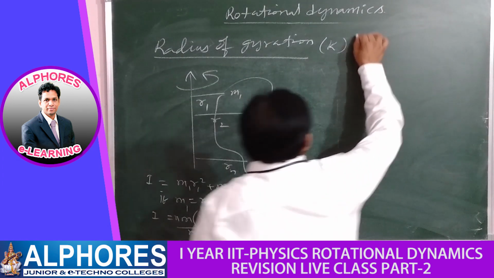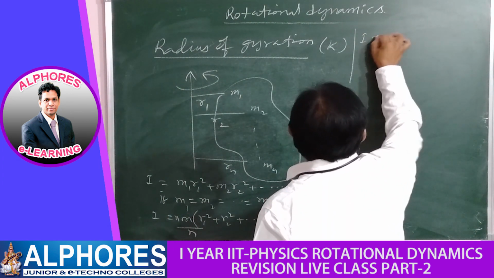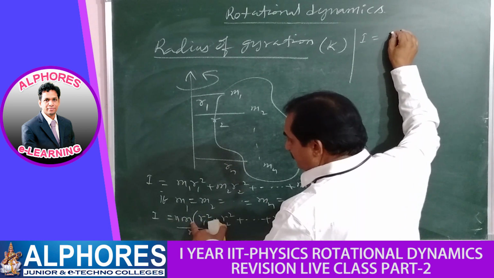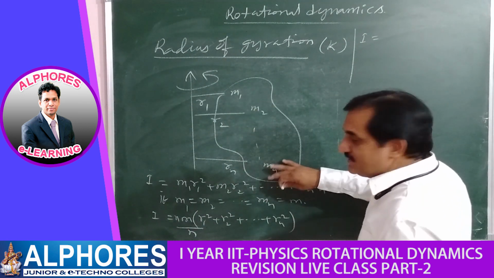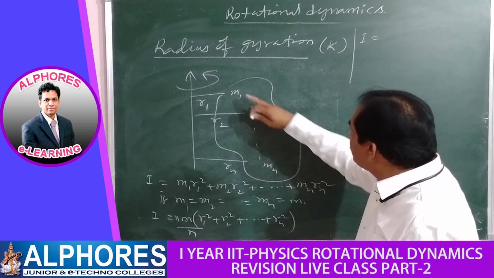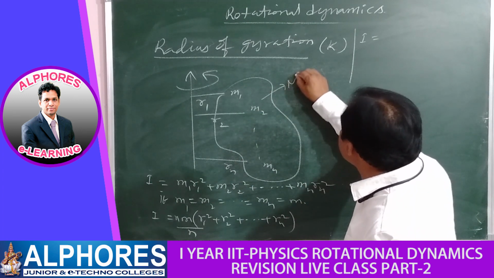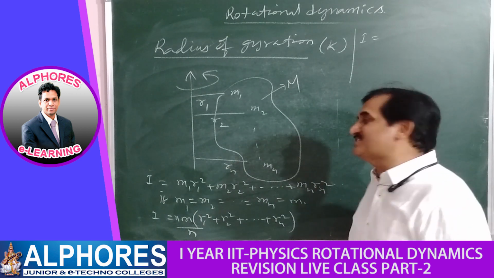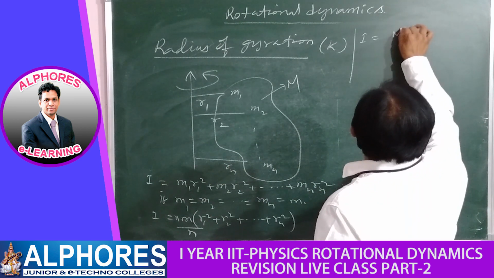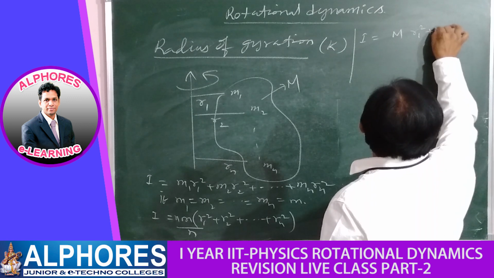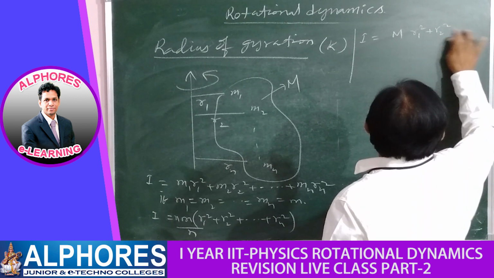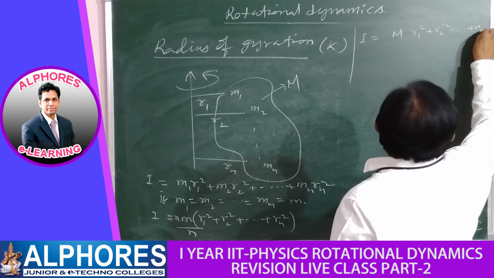Then the equation leads to I is equal to n into m, meaning n particles are there, each of mass m, then n into m gives us capital M, the total mass of the system, times r1 square plus r2 square plus so on rn square by n.